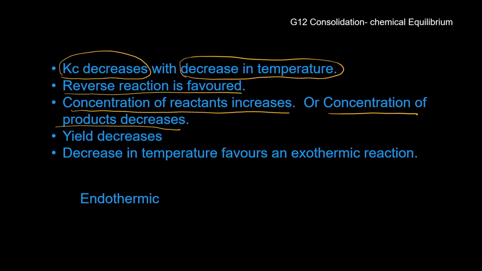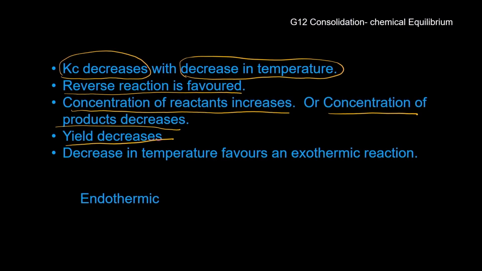Remember that our reaction was moving from iodine atoms to iodine molecules. What does that mean? It means that the yield, that means how much is made, our products, the yield is decreasing. So what is happening here? The decrease in temperature favors the exothermic reaction.